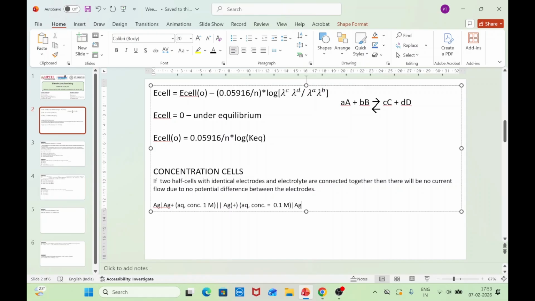Again, this example was also discussed in the course. Over there, the concentrations could have been a bit different.